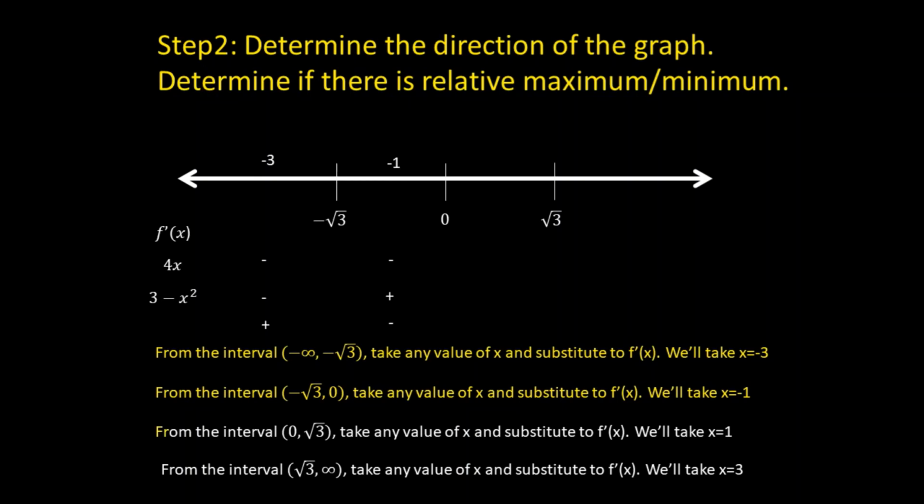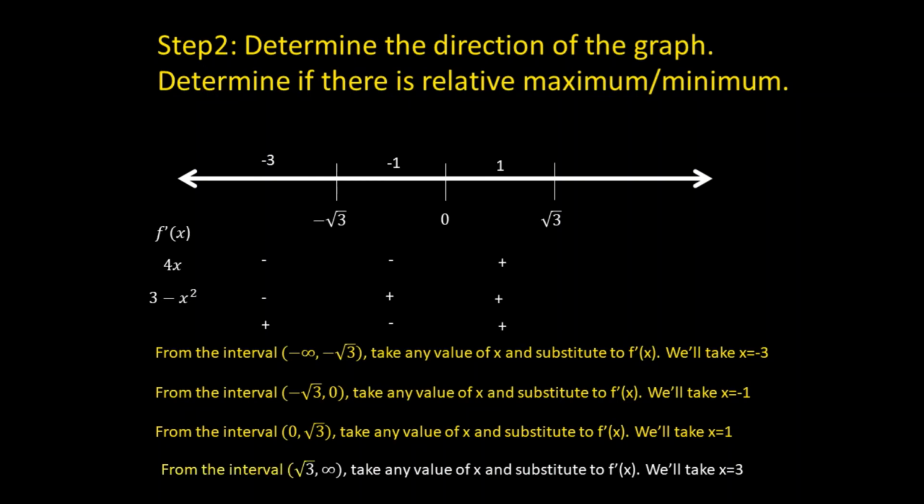From the interval 0 to square root of 3, take any value of x and substitute to f prime of x. We'll take x equal to 1. When x is equal to 1, the sign of 4x is positive and the sign of 3 minus x squared is positive. Positive multiplied by positive is also positive.